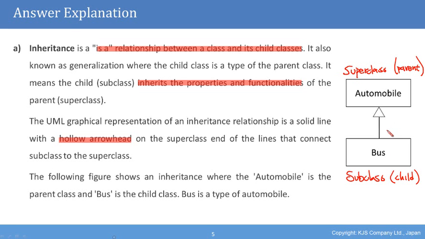Therefore, in a UML graphical representation of an inheritance relationship, there is a solid line between the automobile and bus with a hollow arrowhead on the superclass end of the line. And since automobile is a superclass, there is a hollow arrowhead on the automobile side.